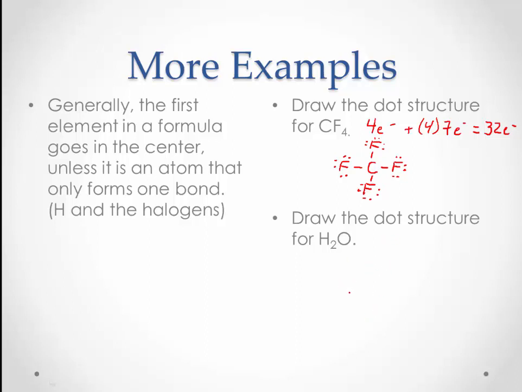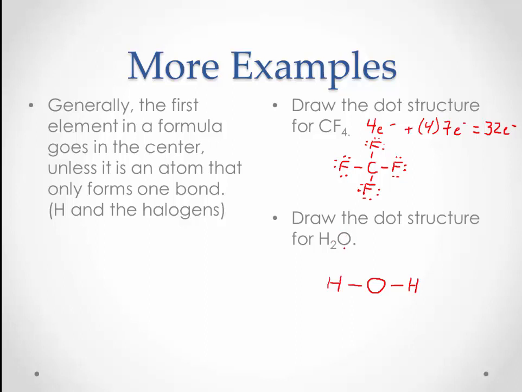Okay, now the dot structure for water, H2O. Obviously the hydrogen's not going to go in the center because it only makes one bond, and so it can't have these other things around it. So we're going to put the oxygen in the center and then bond the hydrogens to the oxygen. Okay, but we didn't count how many electrons we have total.